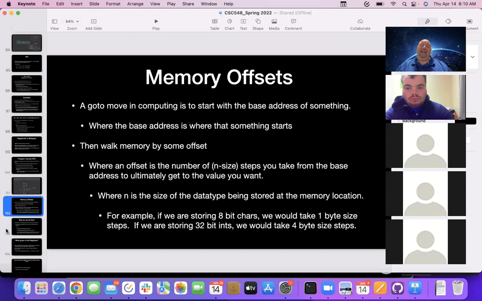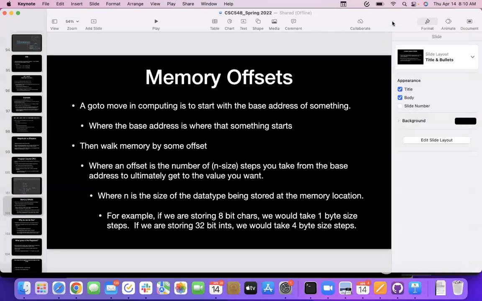So if you want to hold 10 integers in an array, and an integer is 32 bits, you would need 320 bits of total memory, or 40 bytes, to hold 10 integers. Not only do you need that total memory, that memory must be right next to each other, because of the way arrays work. Similarly, the way a lot of our architecture works under the hood is you go to the starting point, the base address of a place in memory.